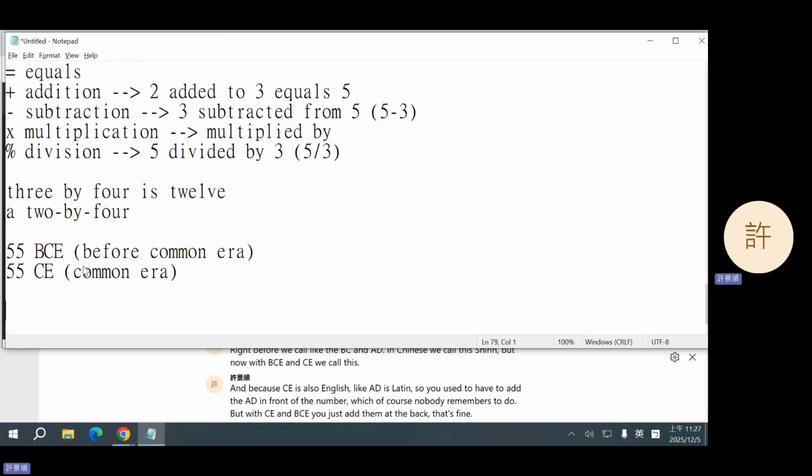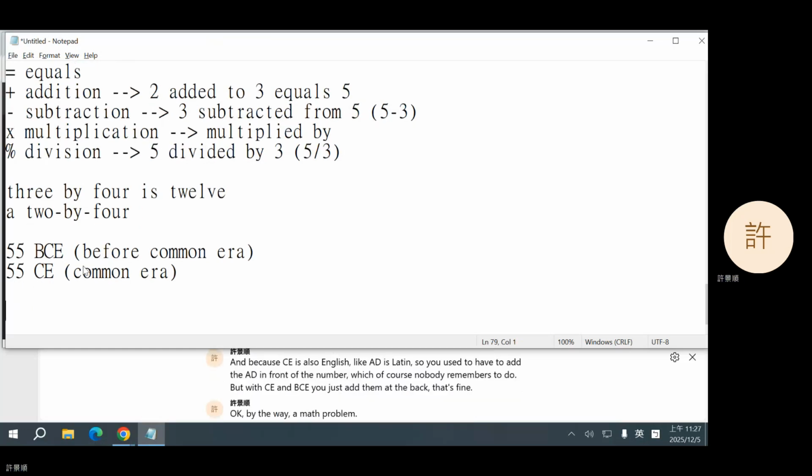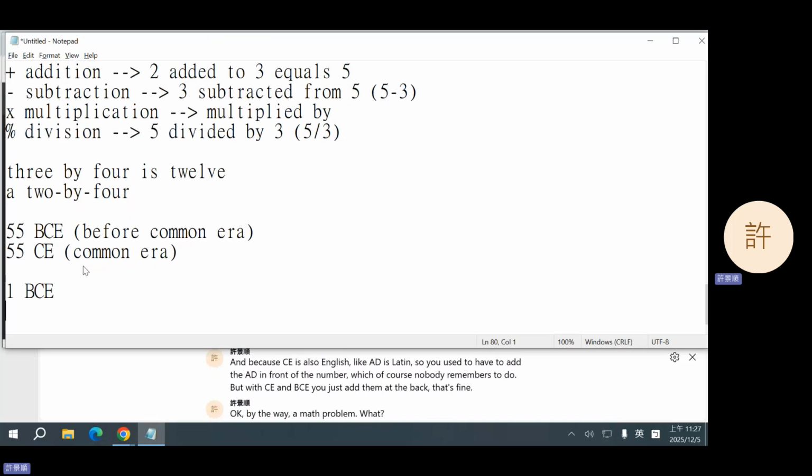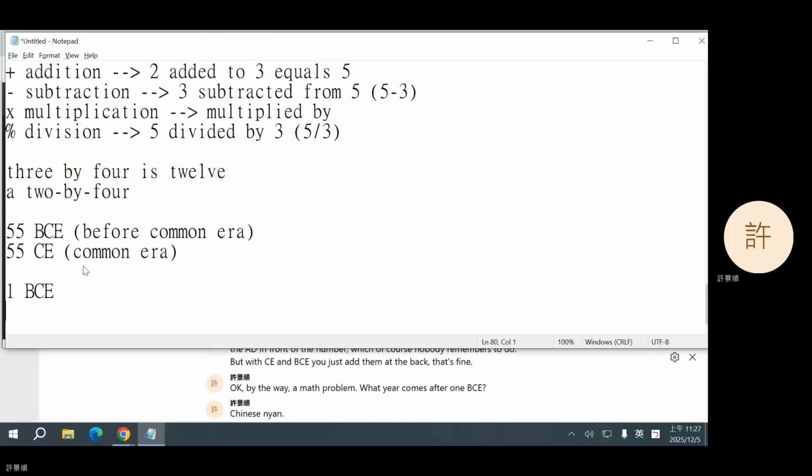Okay, by the way, a math problem. What year comes after 1 BCE? 公元前一年，下一年是哪一年？ The answer is 1 CE. There is no year 0. Nobody exists in year 0.